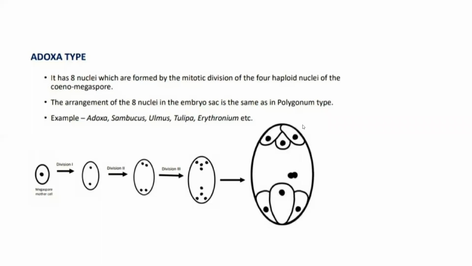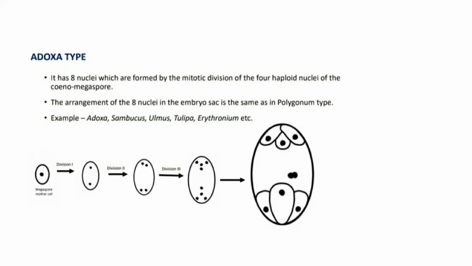The 3 nuclei at the micropylar end become cellular and form the egg apparatus. In the egg apparatus, 2 are the synergids and 1 is the egg cell. The 3 at the chalazal end are the antipodal cells. So it looks like a common type in the tetrasporic embryo sac.